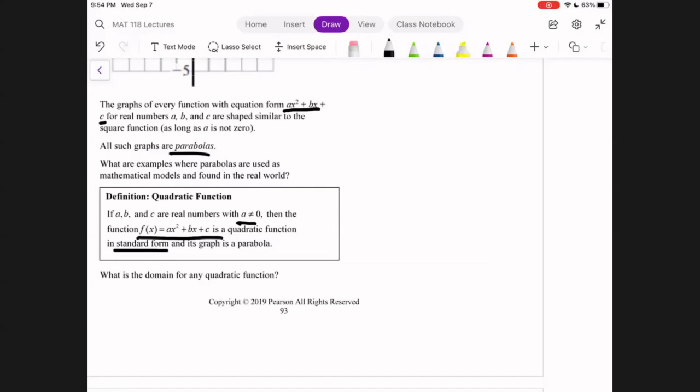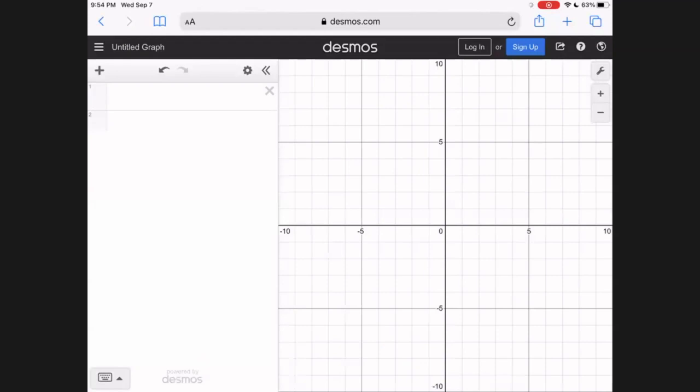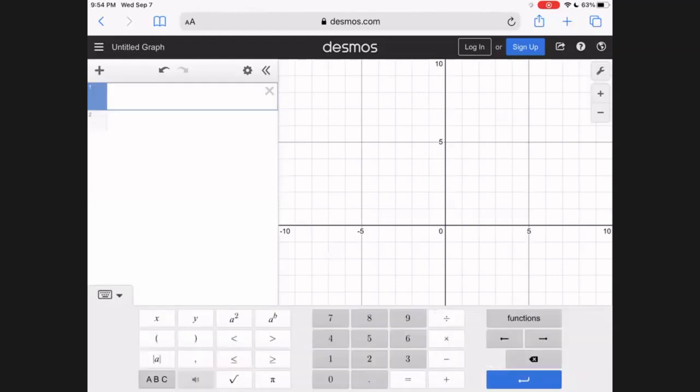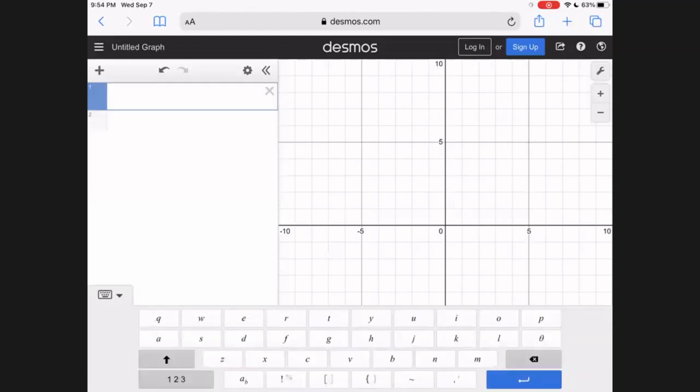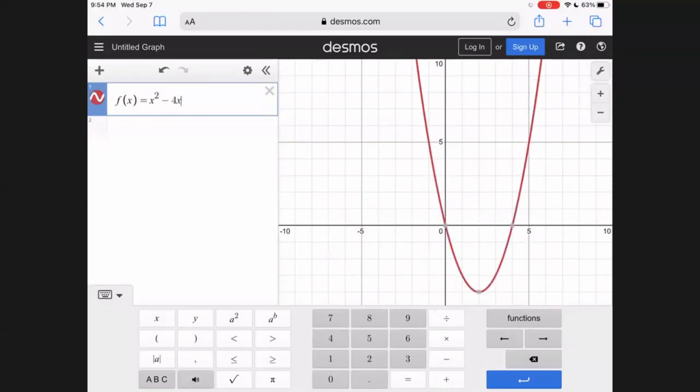So you could practice with some of the ones that you see on your homework. You could just type it in and you'll see a quadratic. So for instance, if we go to Desmos and I just type in the following, let's see, f of x equals x squared minus 4x plus 14.